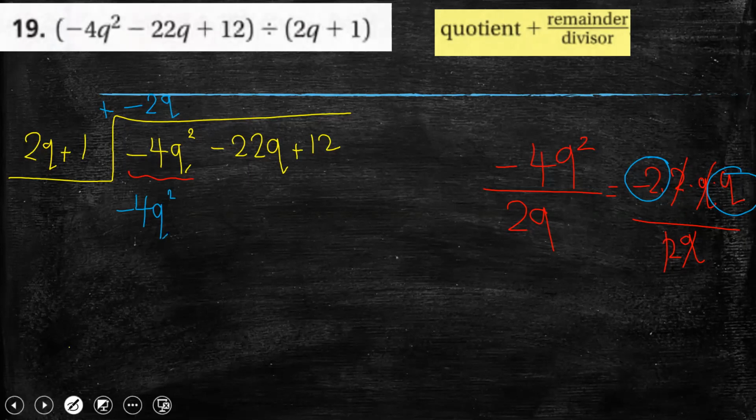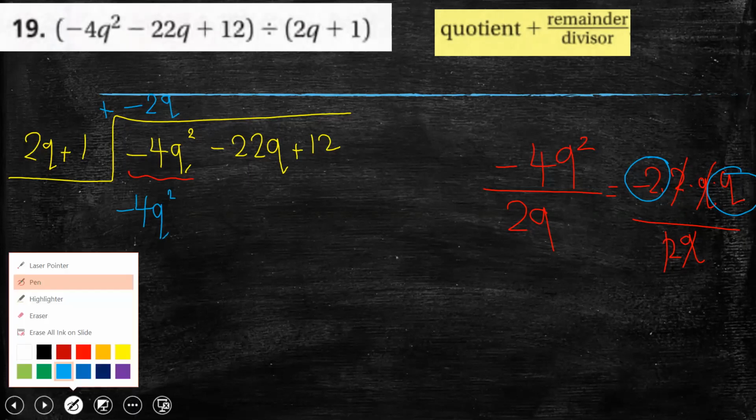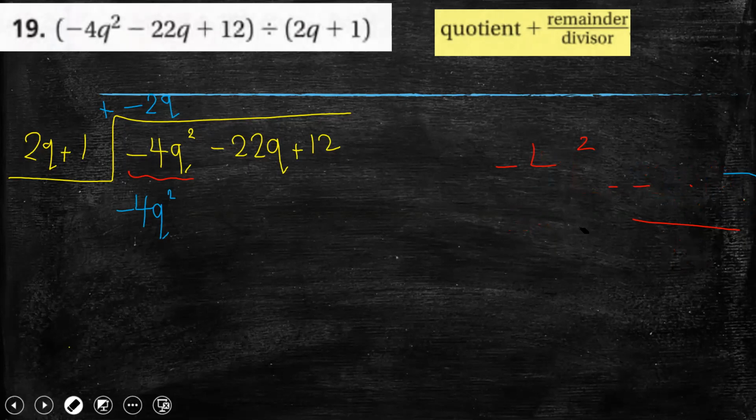So after this step, you have to multiply negative 2q by the whole term, which is 2q plus 1.